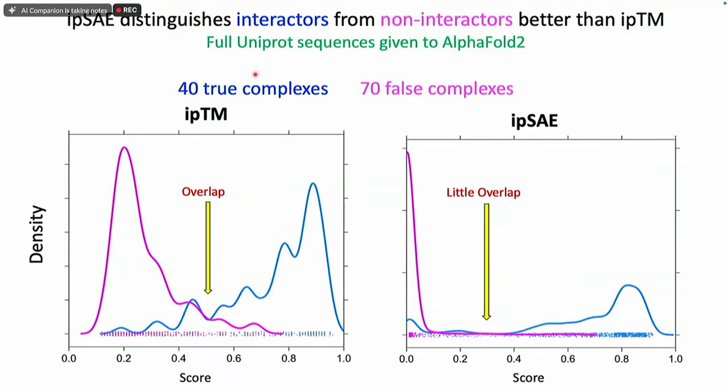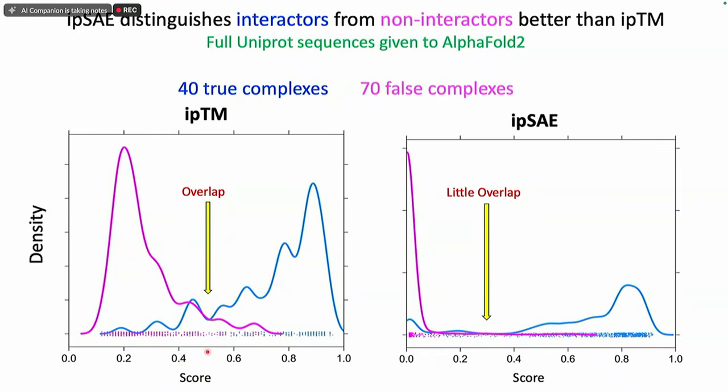We did a sort of benchmark where we took 40 true complexes from the PDB and 70 false complexes from the PDB that were basically scrambling the true complexes that were all human proteins. And the score here is on the x-axis. This is like a histogram, just the density, the frequency. And so the blue curve is the true complexes, and the false complexes are in the magenta curve. And ipTM, there's a lot of overlap in the middle.